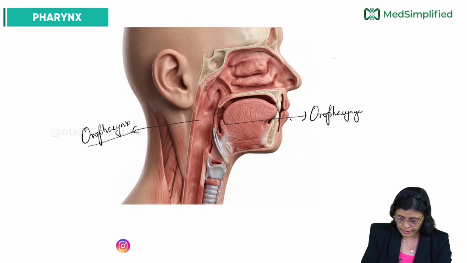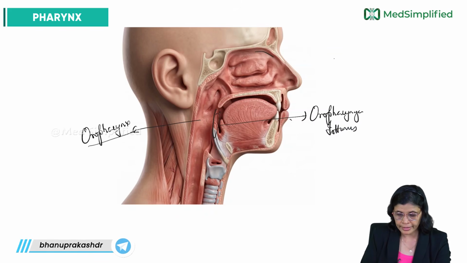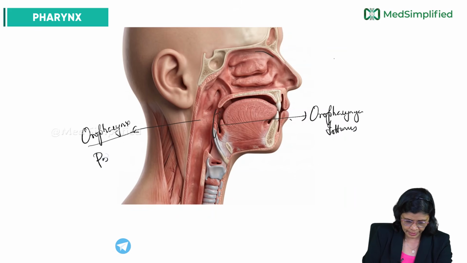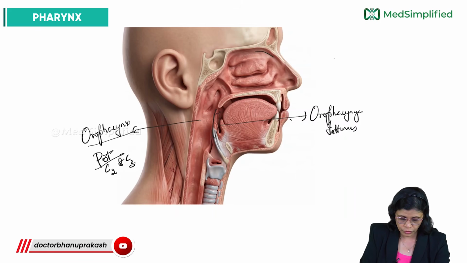Posteriorly it is related to the C2 and C3 vertebrae and the contents of the retropharyngeal space in that region. So those are the posterior relations.